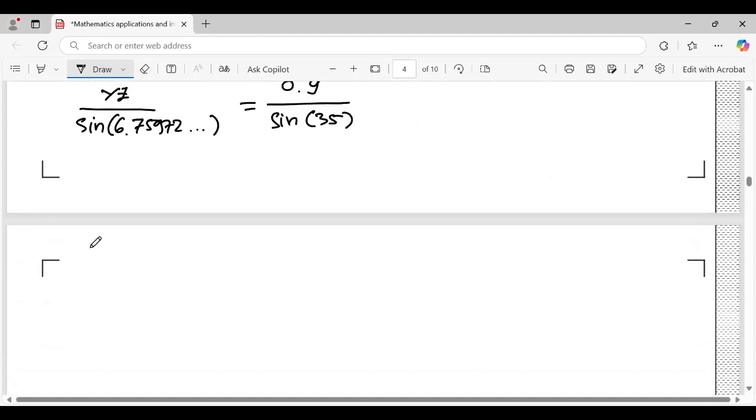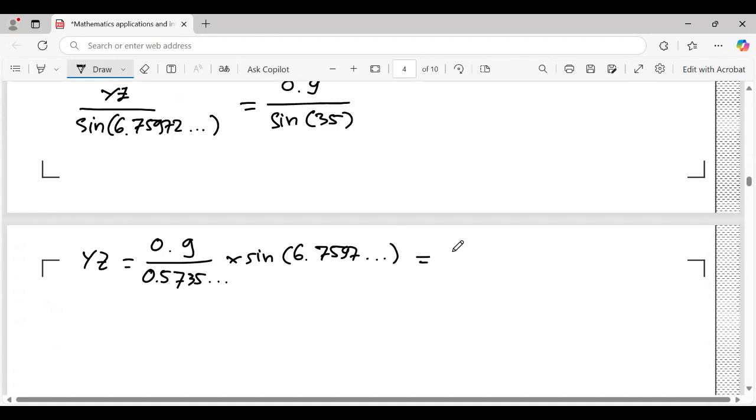So it's going to be YC equals 0.9 over sine 35, 0.5735, okay, times sine 6.7597, so on, and the result is 0.184692, round off 0.185.